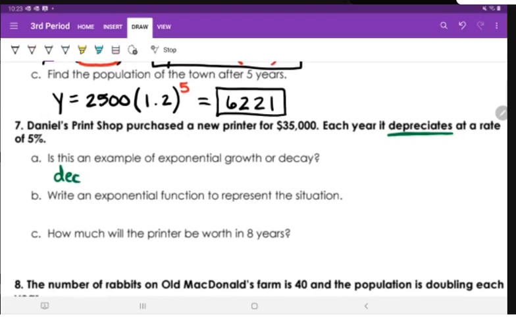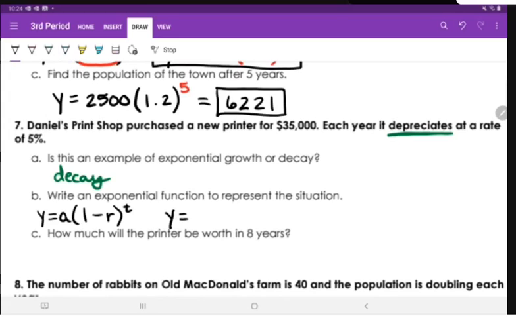So for part A, we know we're dealing with a decay function, which helps us figure out for part B that we should have a 1 minus r in our exponential model. Now we need to figure out what a and r are equal to.